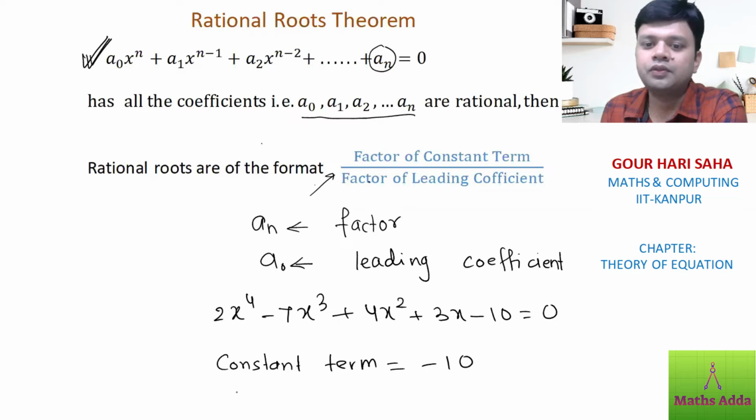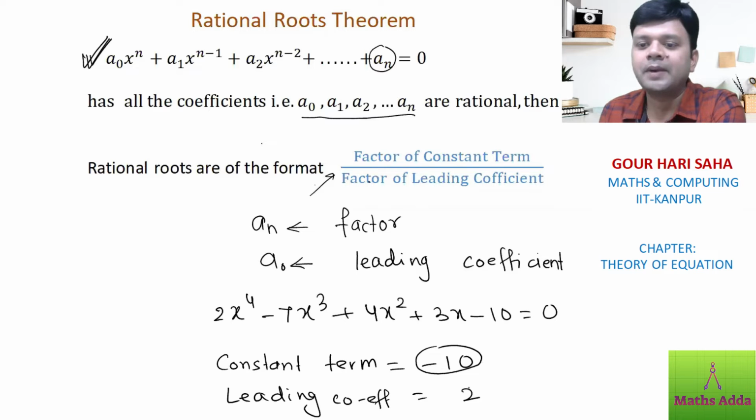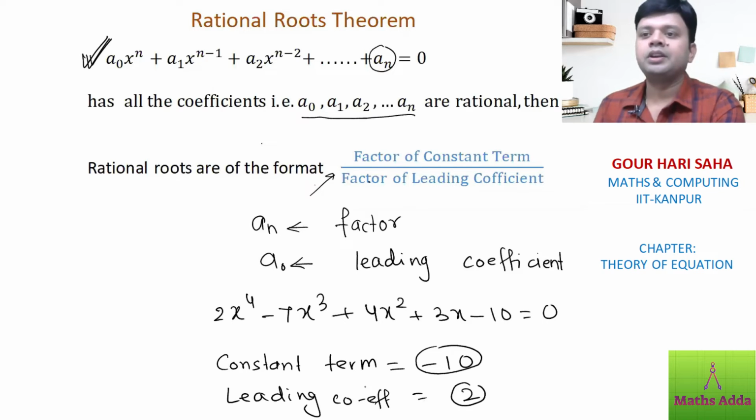And what is the leading coefficient? The leading coefficient is equal to 2. So it says the answer will be a factor of this one divided by a factor of this one. So let's take one example and see how it will be applied.